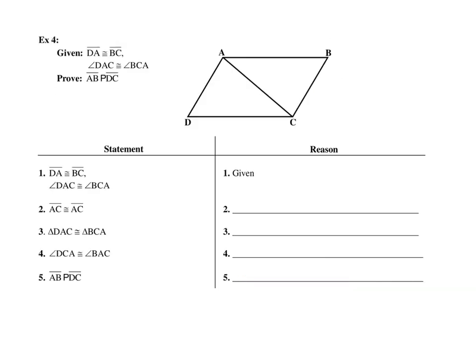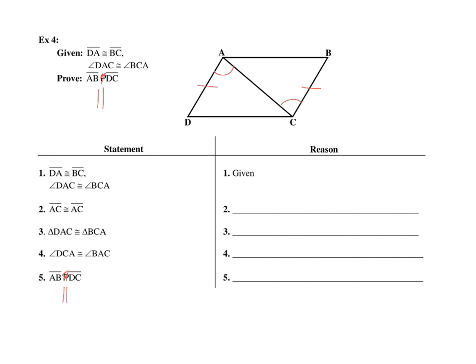Alright, last example. Given DA is congruent to BC, and angle DAC is congruent to angle BCA. Alright, I have to prove that AB is parallel to DC.